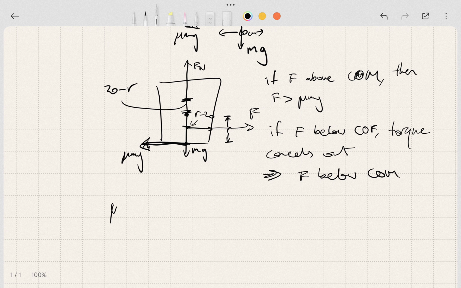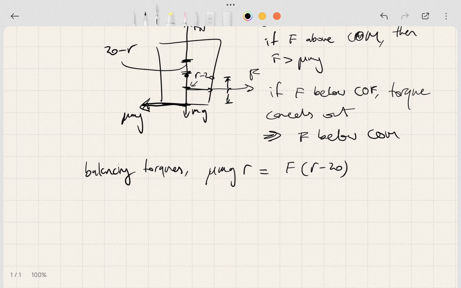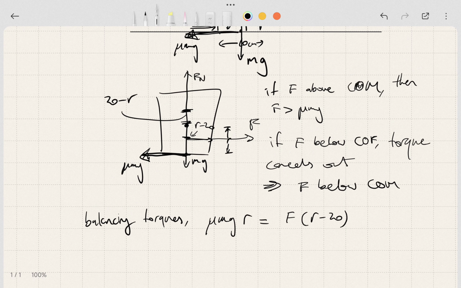So upon balancing the torques, we have mu mg times r must be equal to F times r minus 20. This is the equation we have, and so the torques must be balanced.